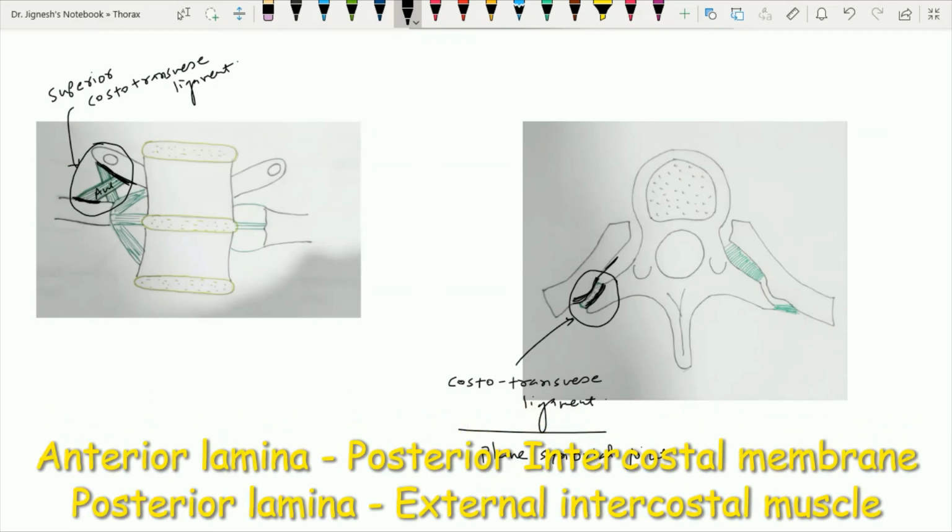This anterior lamina is continuous with, or blends with, the internal intercostal membrane, which is a part of the internal intercostal muscle, while the posterior lamina blends with the muscular fibers of the external intercostal muscle.